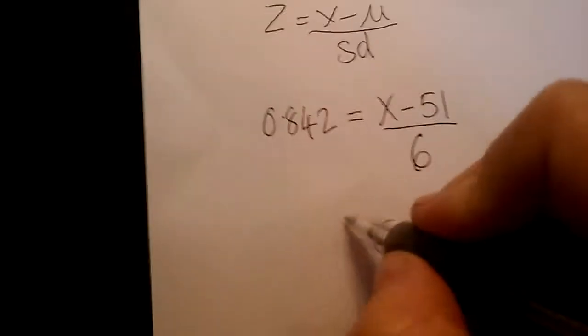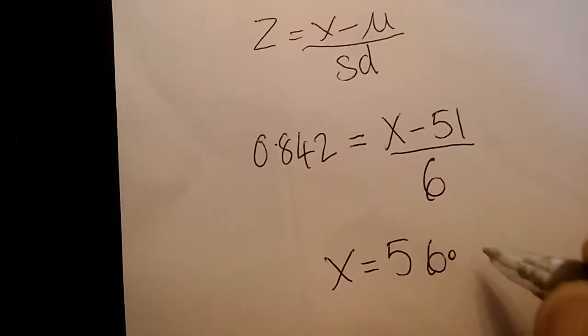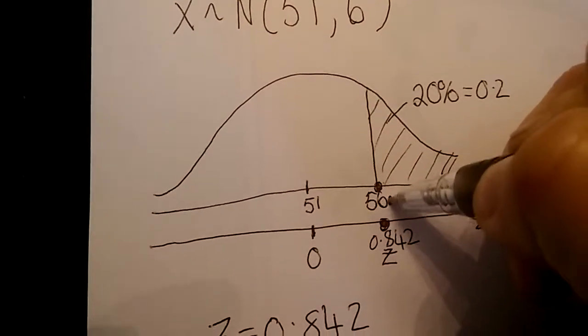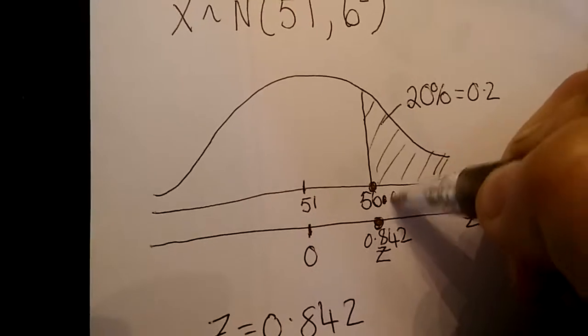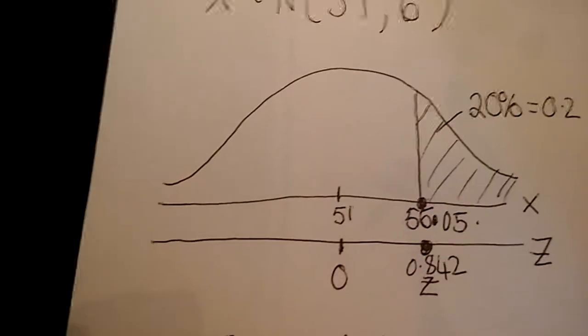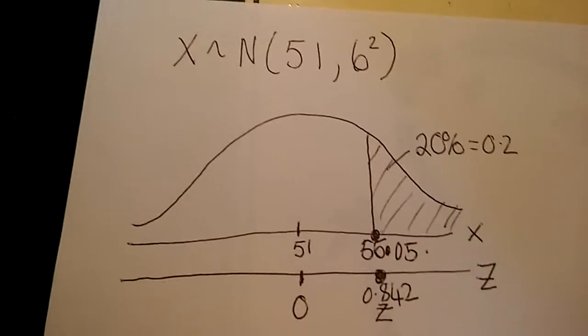So X equals 56.05. Therefore the mark you need to get in the test in order to get an A is 56.05. So more likely it'll be a mark of 57 you'd need in order to get an A grade.